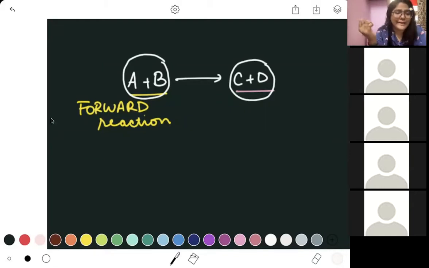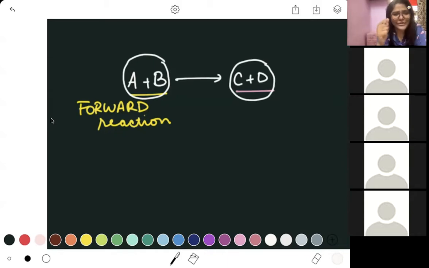Now if I wanted to look at this particular reaction, and if I wanted to write down the rate of this particular equation, you would notice that your understanding of mathematics is very, very pivotal over here, because what we are going to use to write down this reaction is the concept of differentiation.